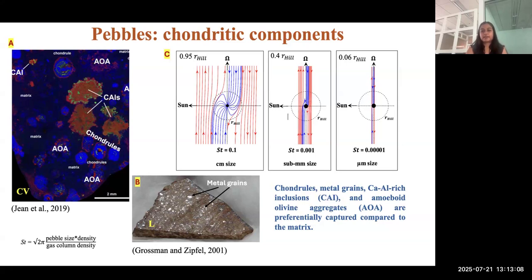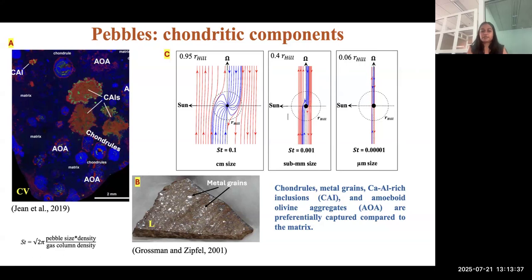So for a large Stokes number, the pebbles, which are of bigger size, like centimeter to submillimeter size, are captured from almost a Hill diameter down to 0.4 Hill diameter. And for a smaller Stokes number, we see that the capture radii is pretty small.